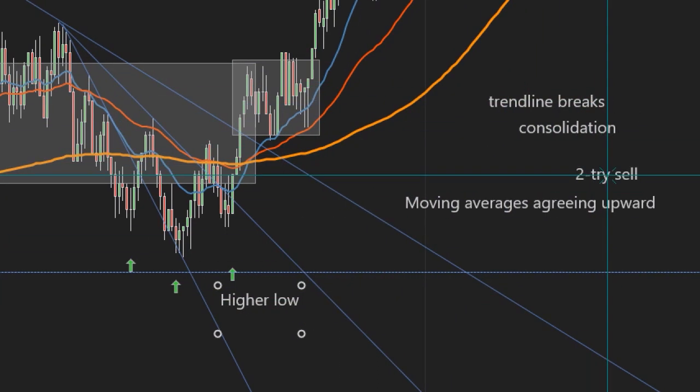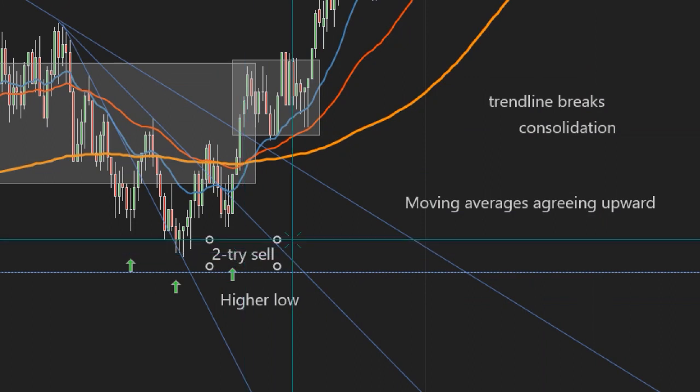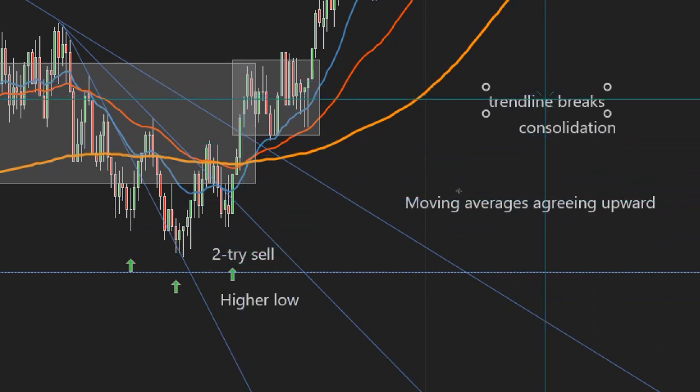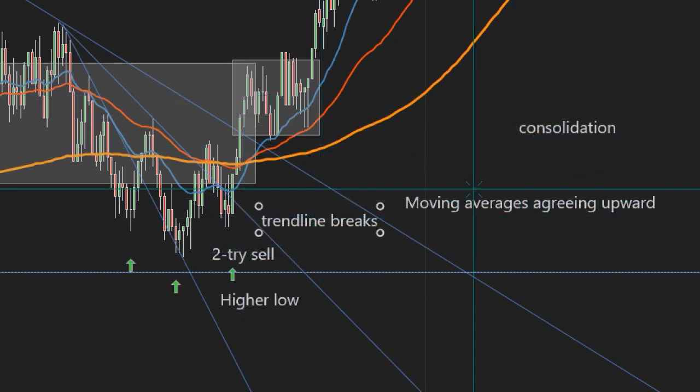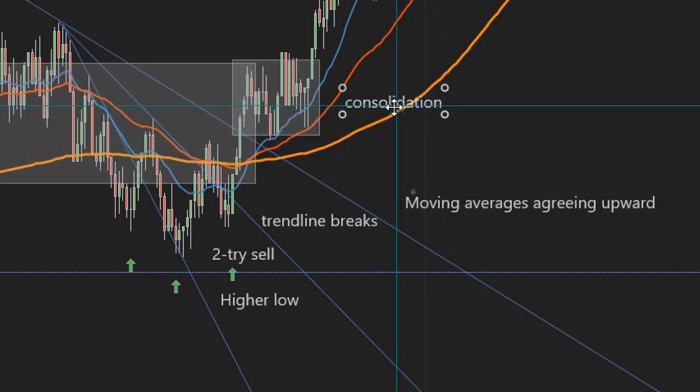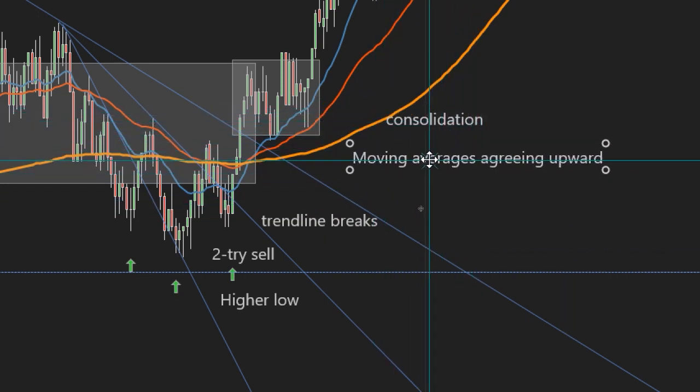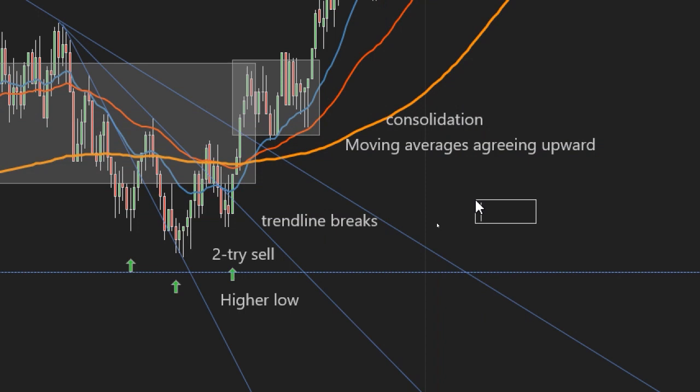We've got 2 tries to sell off at that area. We've got trend lines being broken. We've got consolidation and the moving averages. And to top it all off, we have bullish pintail candles.